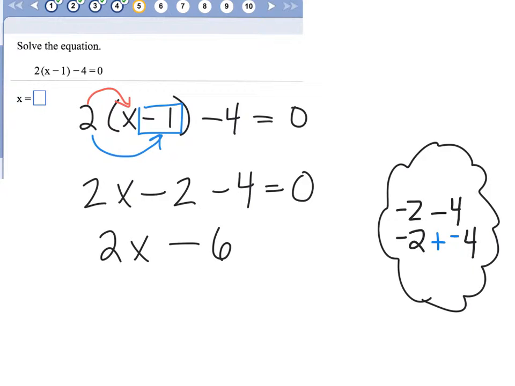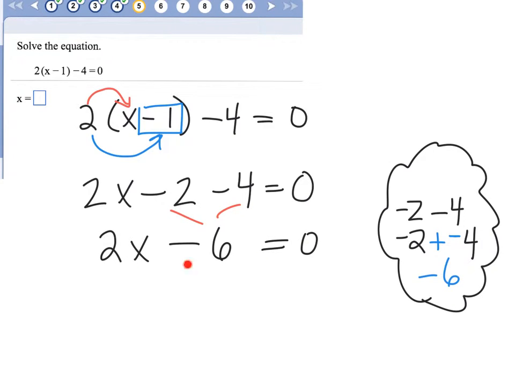Remember, when you're subtracting, the first number stays the same, the minus sign becomes a plus sign, and the second number changes to its opposite. So this 4 becomes a negative 4, and that's how I get negative 6. And so getting back to the problem, this piece right here equals negative 6, and then we get is equal to 0.